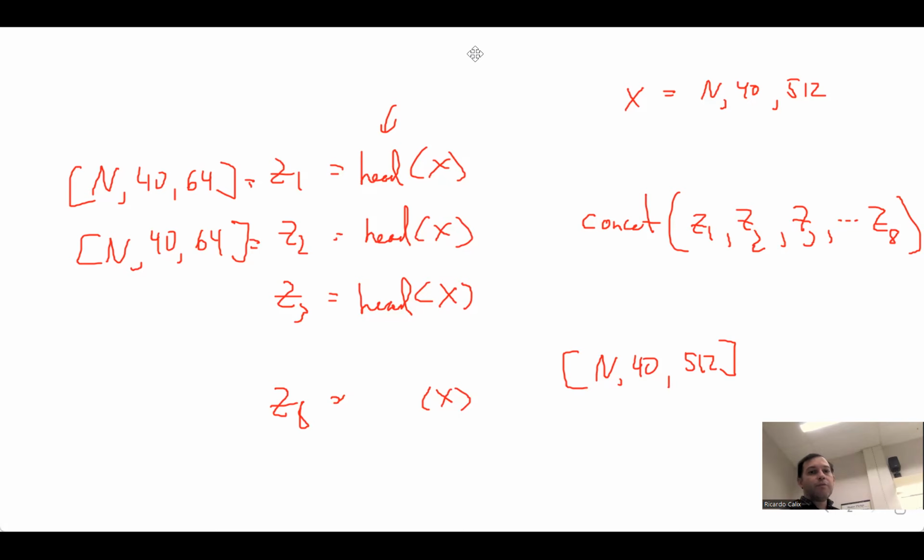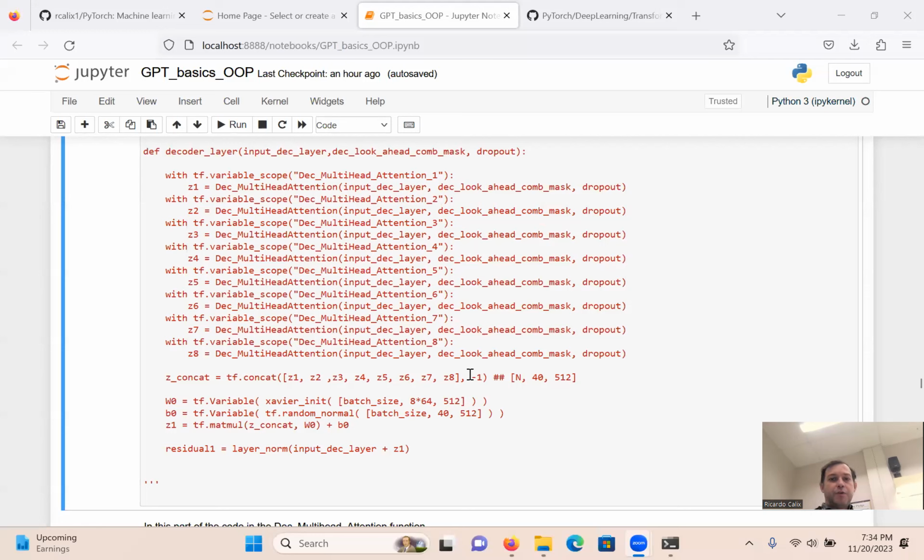All right, so now that we've explored that, we can go back to our code over here. So that's what happens here. If you notice, you take the 8 C's, you concatenate them, and then finally you are at 512, and then you're just going to have one last layer, which takes in C concat.